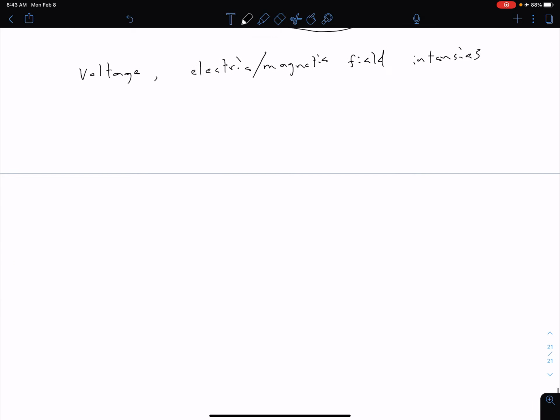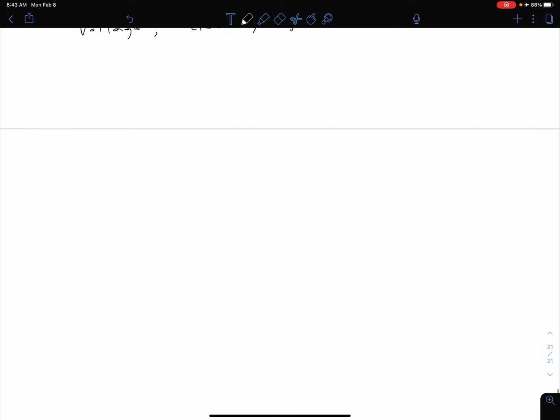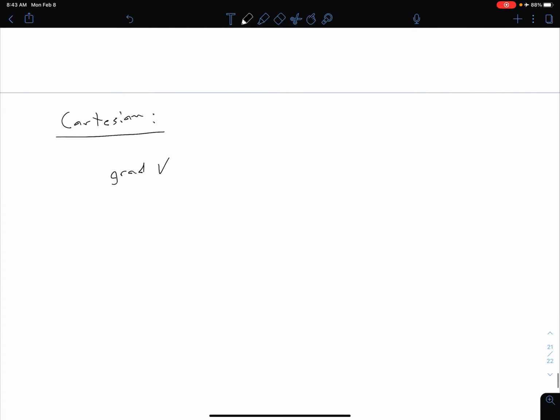Transitioning now to a more mathematical definition, let's look at how we can take our gradient in our three coordinate systems. We're going to start, as always, with Cartesian coordinates. Oftentimes you'll see the shorthand grad V, where V is our scalar field.